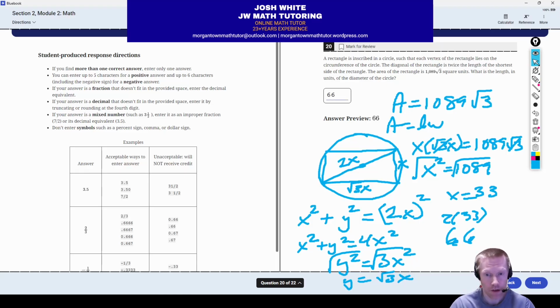One other thing to notice is that you can actually skip some of the work for this problem. All the work down here, you can skip if, when you're looking at the picture, you recognize that this has to be a 30, 60, 90 right triangle. We have the shortest side of the rectangle, the shorter leg, and we're told the diagonal, which is the hypotenuse, is double that.